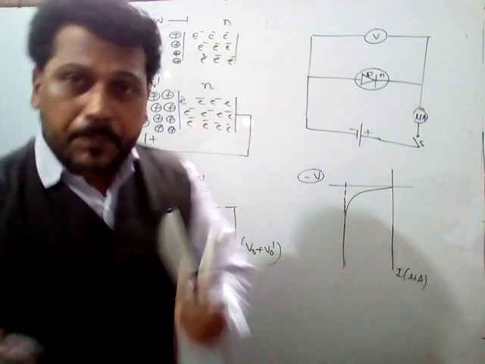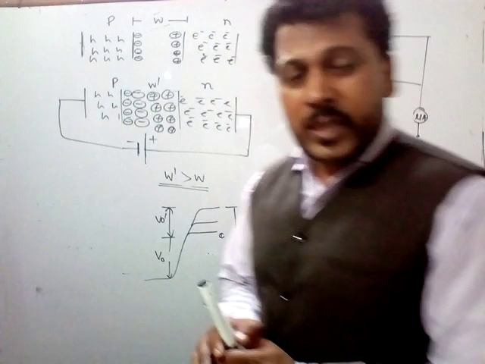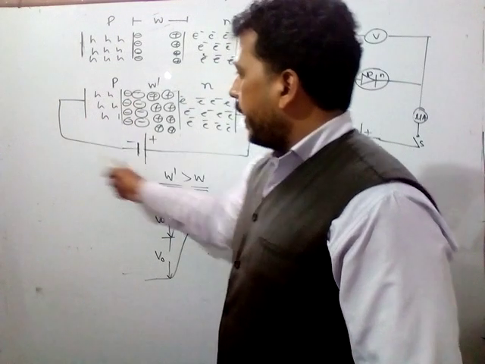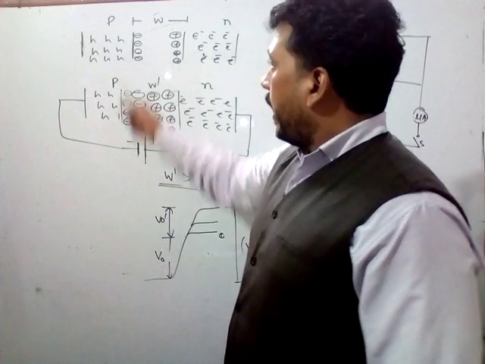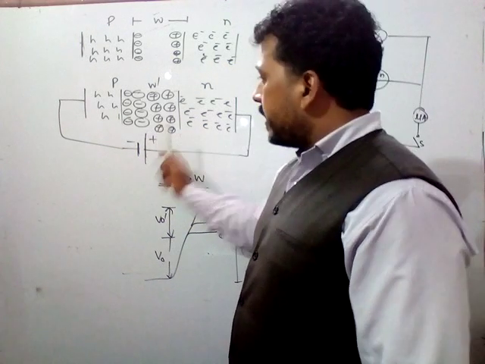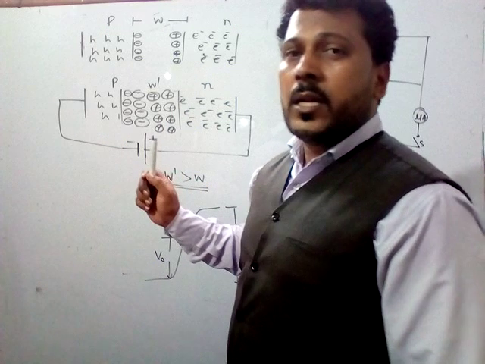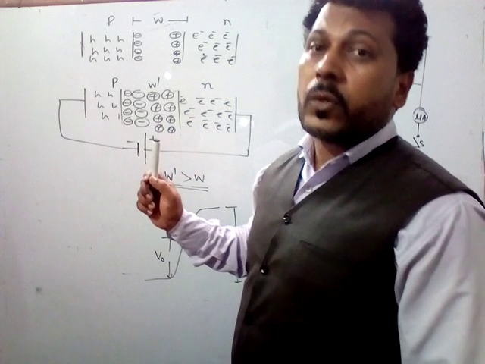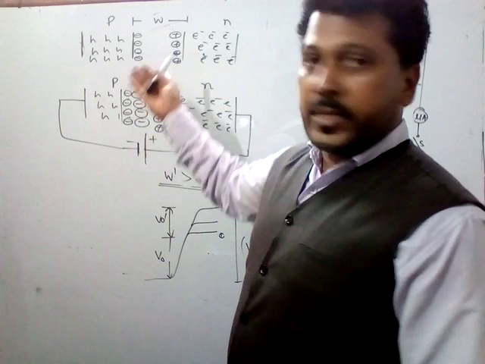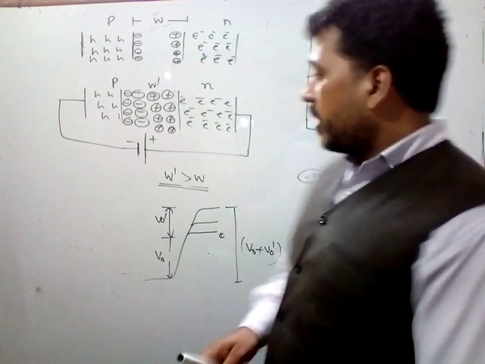So whenever the PN junction diode works in the reverse bias, its P terminal is connected to the negative terminal and the N end connected to the positive terminal of the cell, and in this process current will flow in the microampere order. This PN junction diode works in the reverse bias.